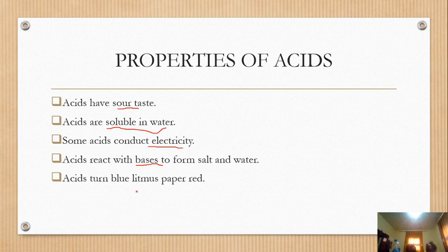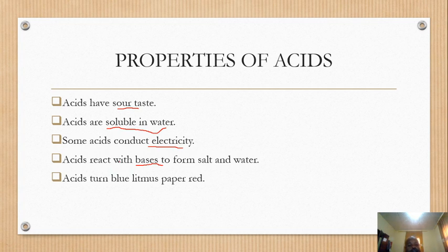Then we take the red litmus paper to classify whether it is base or neutral. We dip it in. If it still remains red, it is neutral. But if it turns the red litmus paper into blue, it is a base, okay?